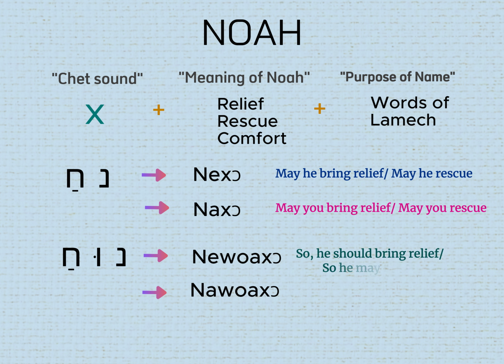Newaho means so he should bring relief and comfort, or so he may rescue. Nawaho means let him rescue. That is pleading with someone to let another person rescue. So, what do you think Noah's actual Hebrew name was among these four?